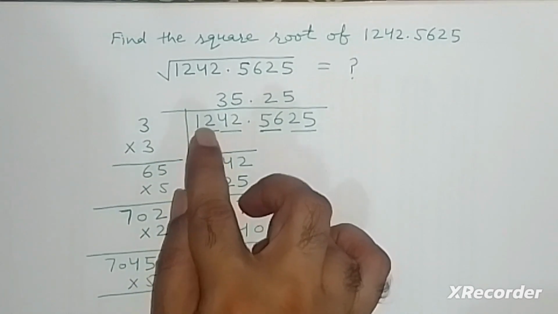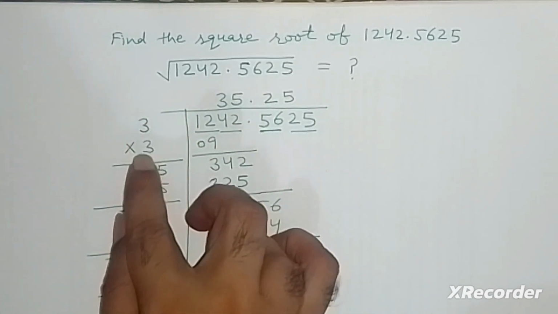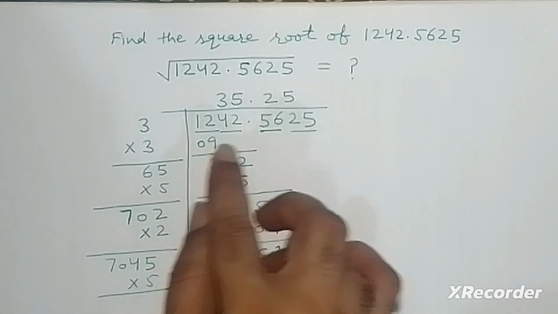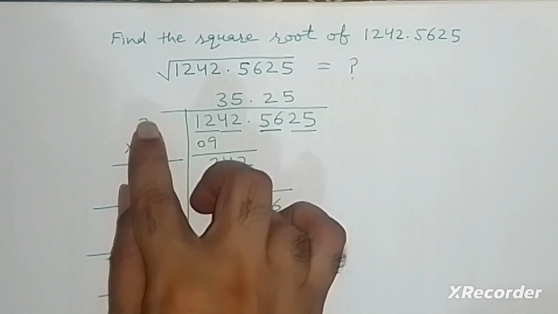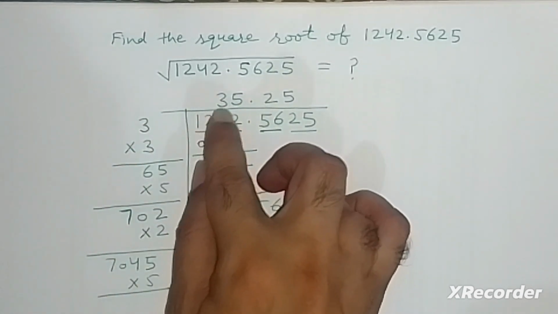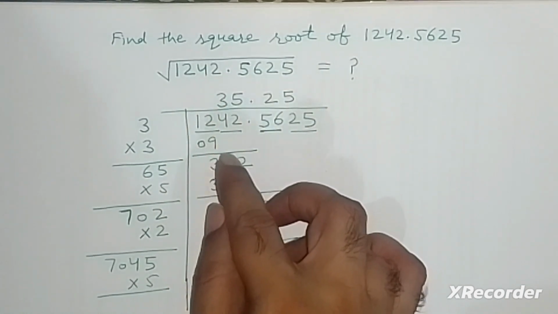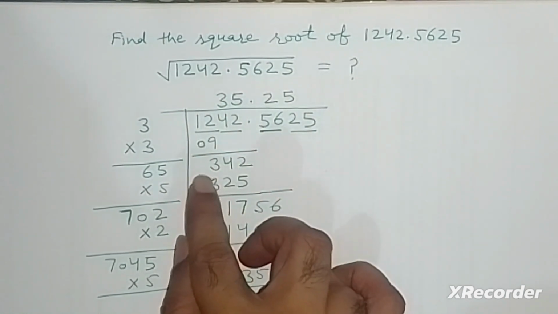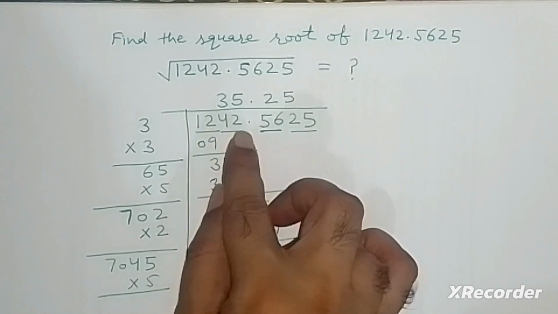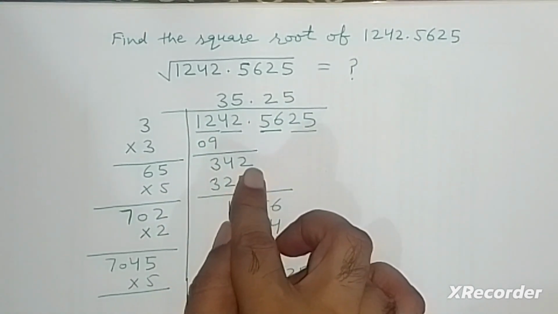So a value lesser than 12 is 3 into 3, hence the first value is 3. Subtract 9 from 12, we get 3, and take the pair 42 here.